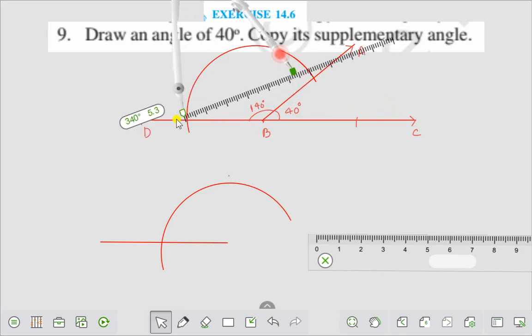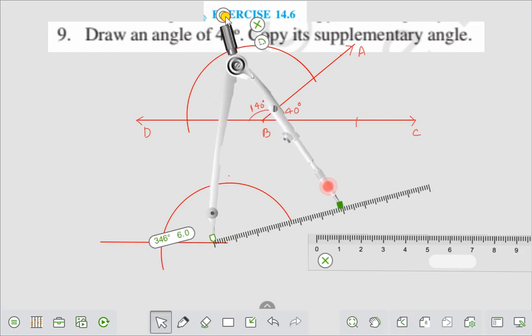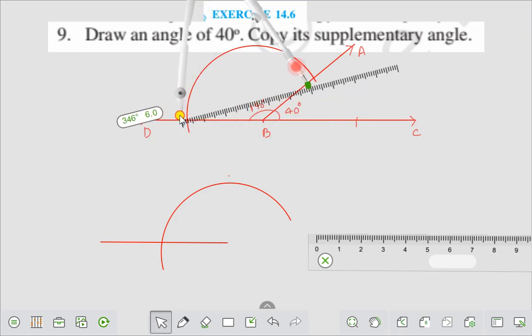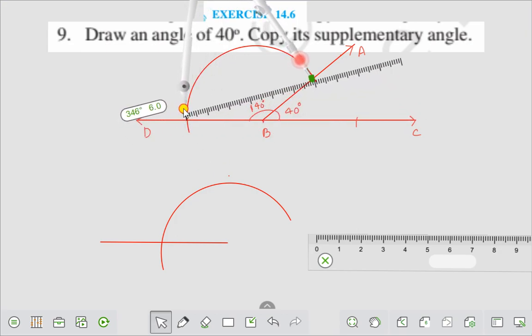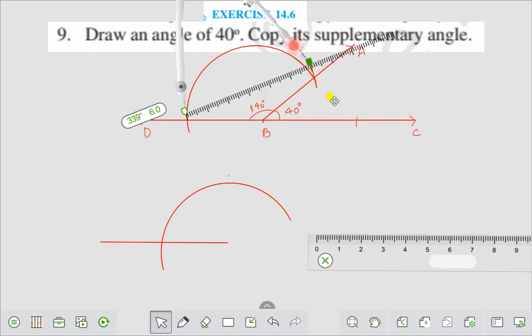Measure this length of this arc, and it will give the value here. Now take this point here, increase this point and make an arc here, right?